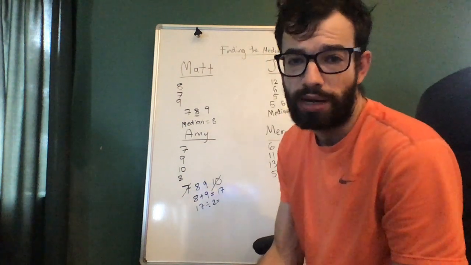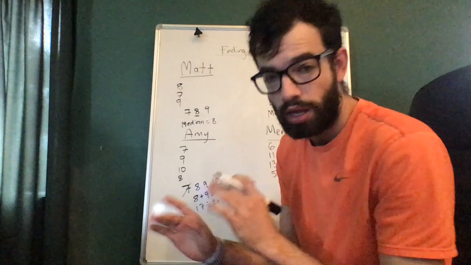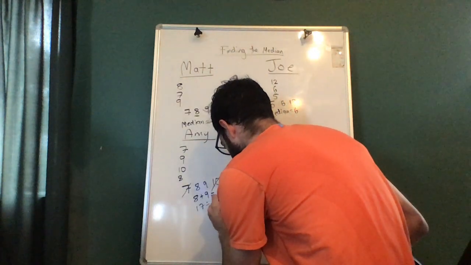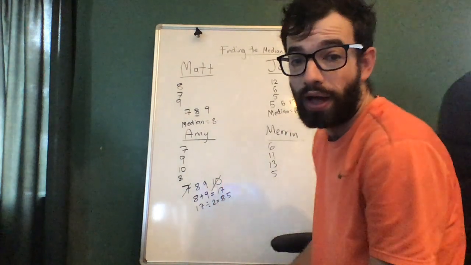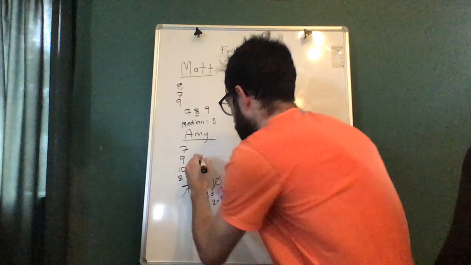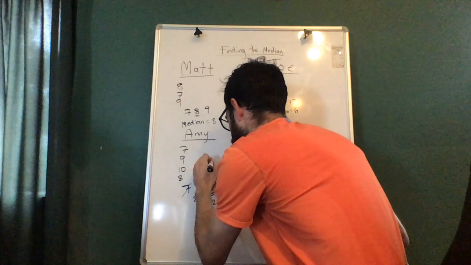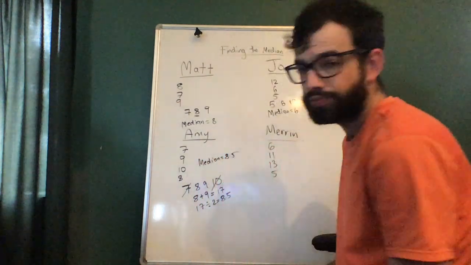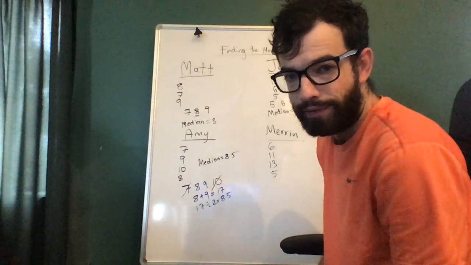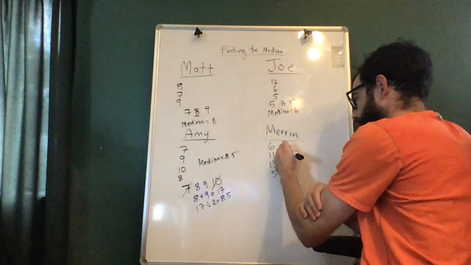Now, some of you guys have already been looking at going, oh, sir, that's 8.5. You're 100% right. 17 divided by 2 is 8.5. So Amy's median is 8.5.